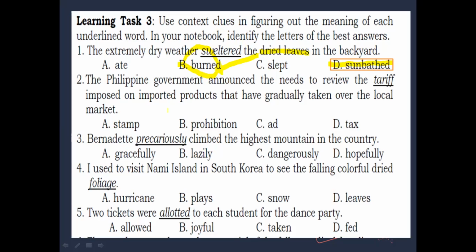Number 2, the Philippine government announced the need to review the tariff imposed on imported products that have gradually taken over the local market. So, tariff. What is a tariff? A. Stamp. B. Prohibition.